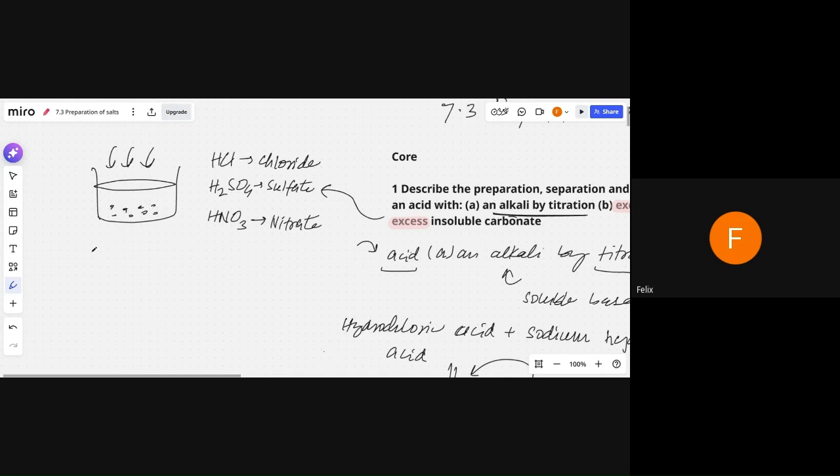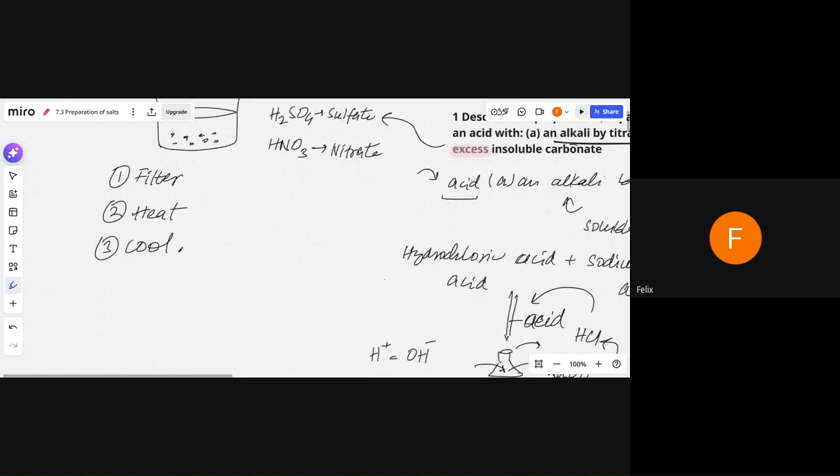And then the first step again will be to filter, right? Then you heat the remaining mixture, the third step is you allow it to cool, and in this process crystals appear. The fourth step is filter, the fifth step is wash, and the sixth step is dry, right?